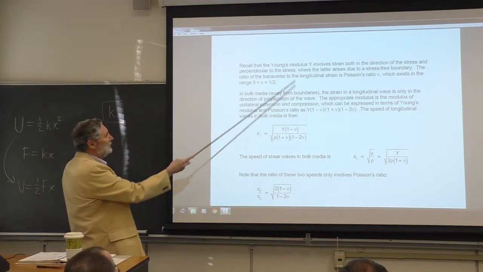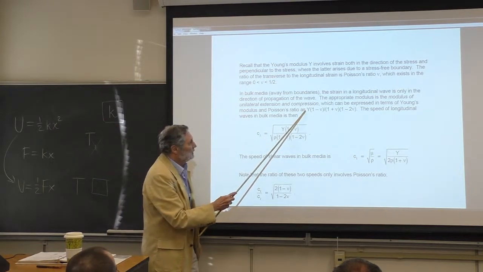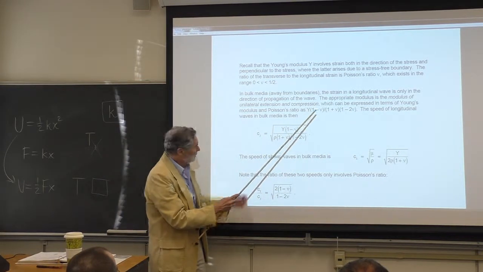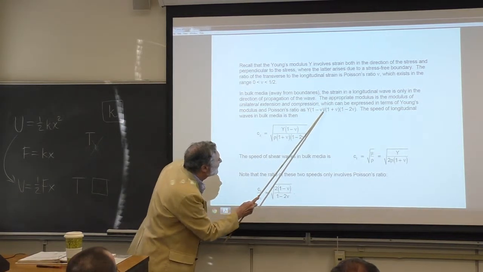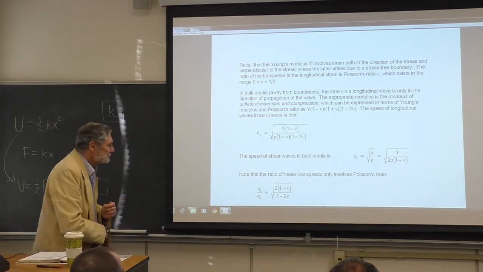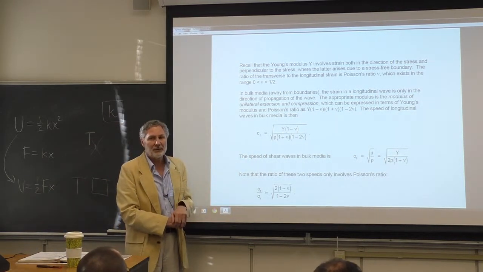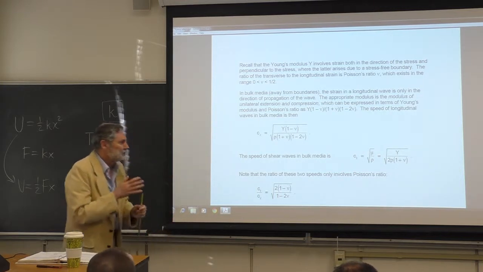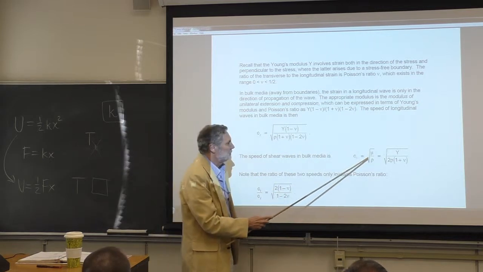It's greater than Y. The speed of waves is the modulus, in this case, divided by the density. So these are the speed of purely longitudinal waves. For shear waves in a bulk medium with no boundaries, it's very simple.